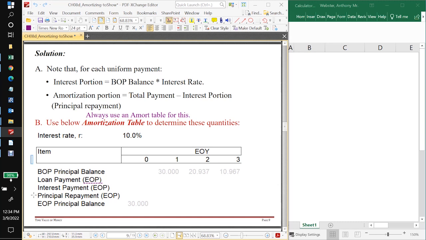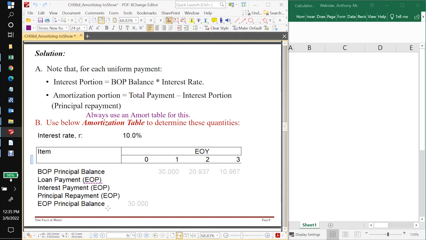For each of our payments, we want to know the interest portion and the principal repayment portion. And because principal is being repaid each time, we want to know what our ending principal balance is.